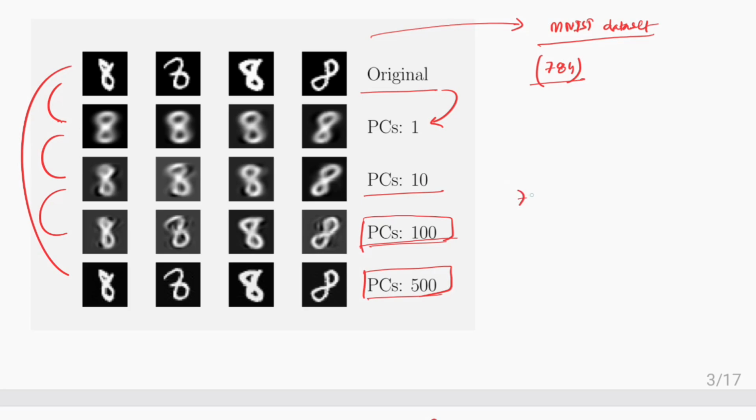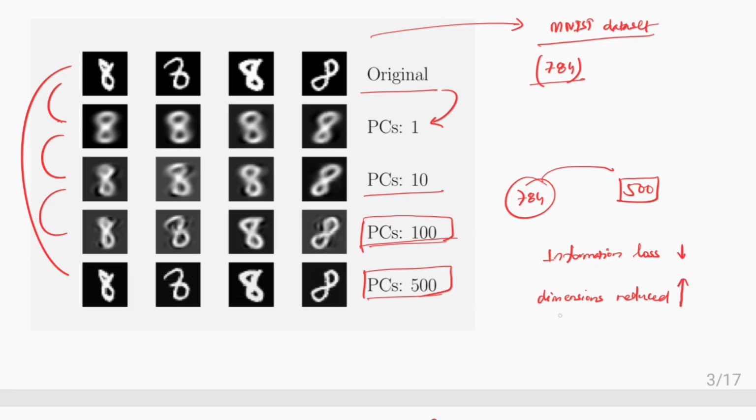So here what you see, we have 784 dimensions, and when we reduce this to 500 dimensions, we have some information loss, and we have dimensions reduced, but the information loss is very small compared to what we gain by reducing the dimension. As we discussed, there are many good things about reduced dimensions, and if we could reduce the dimension with very little information loss, then we are happy to reduce those dimensions.